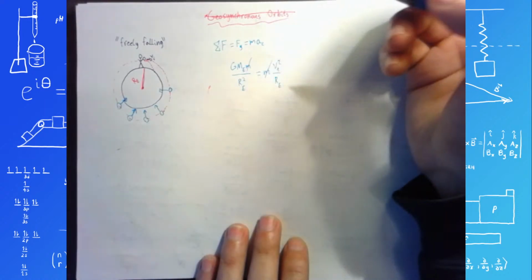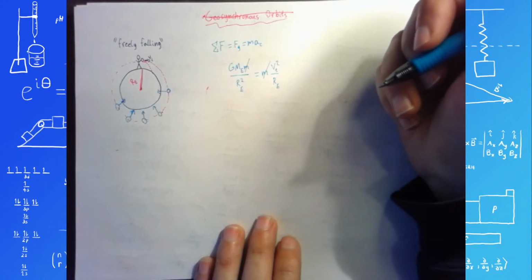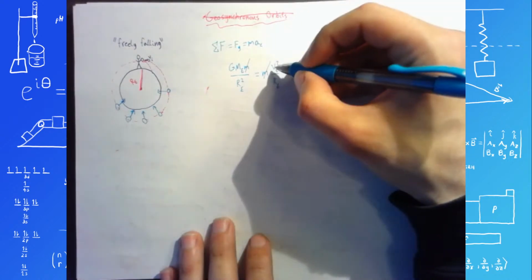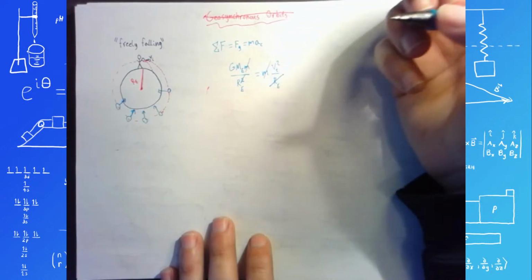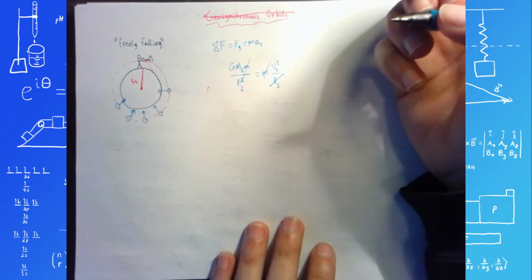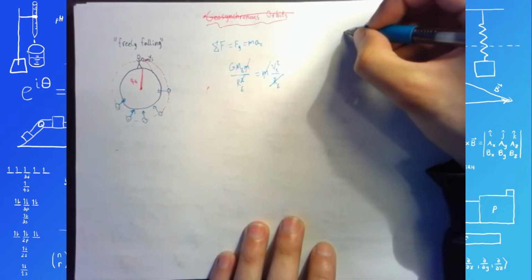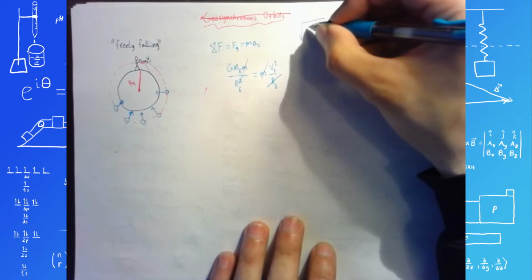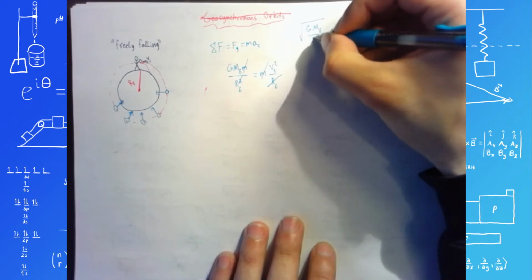We can cancel the mass of the baseball, so it doesn't even matter how heavy or light the baseball is. All that matters is how fast you throw it. And we can cancel one power of radius Earth on both sides. And all I have to do now is take the square root. So I'm left with v tangential equals the square root of big G, mass of Earth, over radius of Earth.